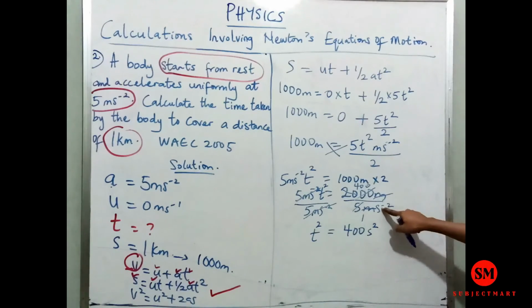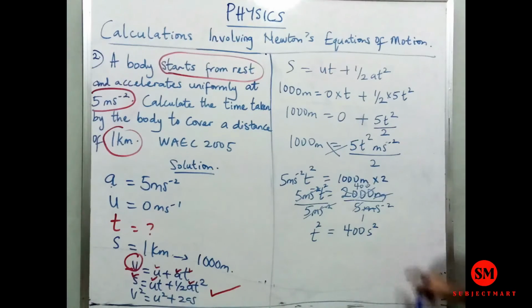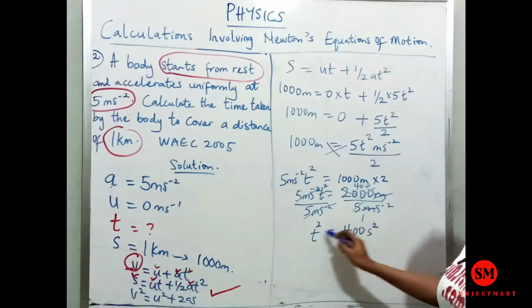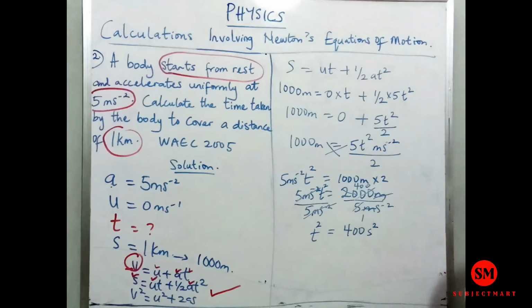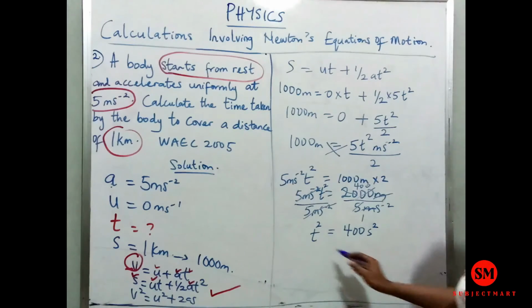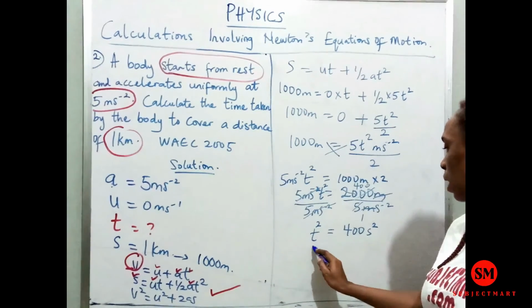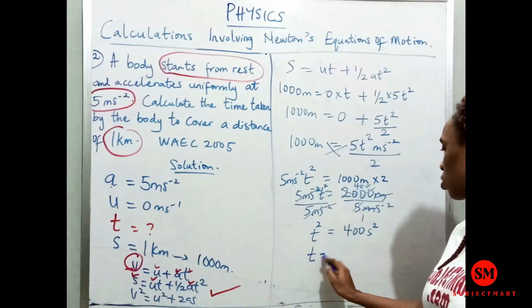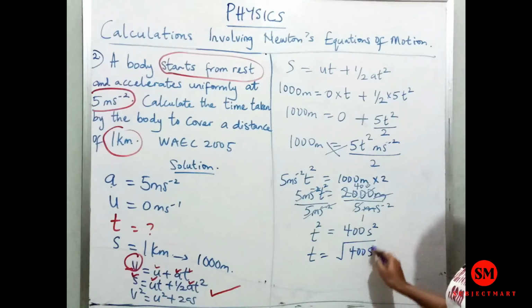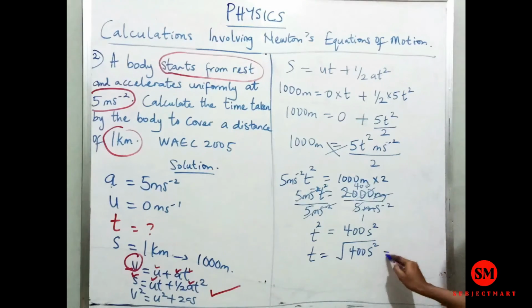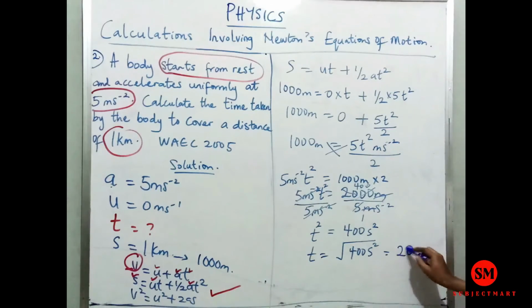If this comes up, the minus disappears. So we have 400 second per second squared. To make t stand alone, we square both sides. Find the square root of both sides, and that leaves us with t equals the square root of 400, which gives me 20.